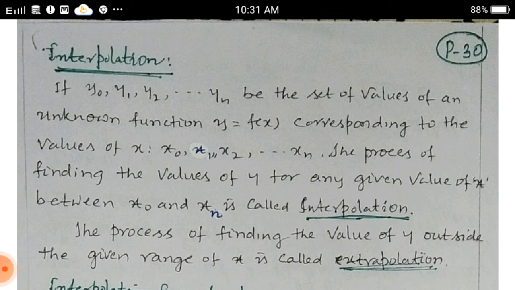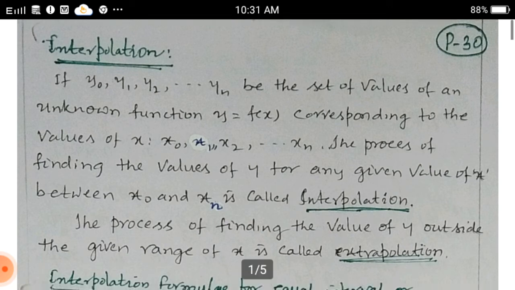Similarly, x3 is equal to x2 plus h, which is x naught plus 2h plus h. Therefore, x3 is equal to x naught plus 3h and so on. Similarly, we just go on and write down the result.